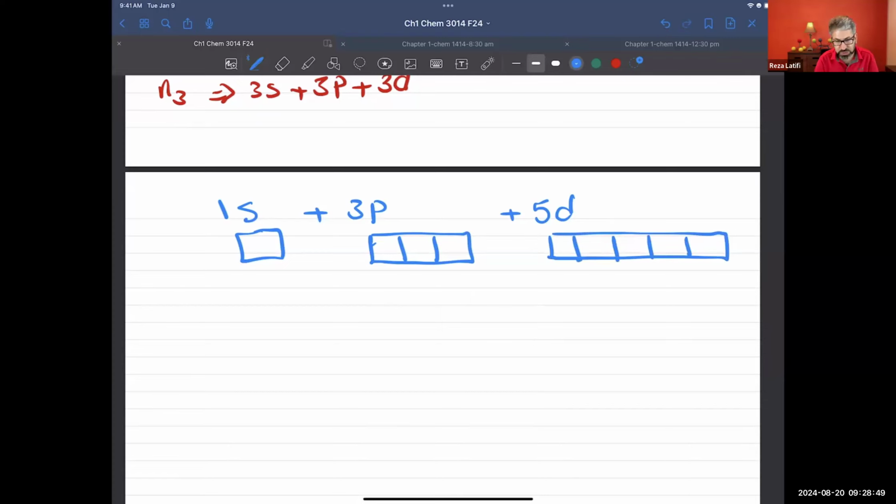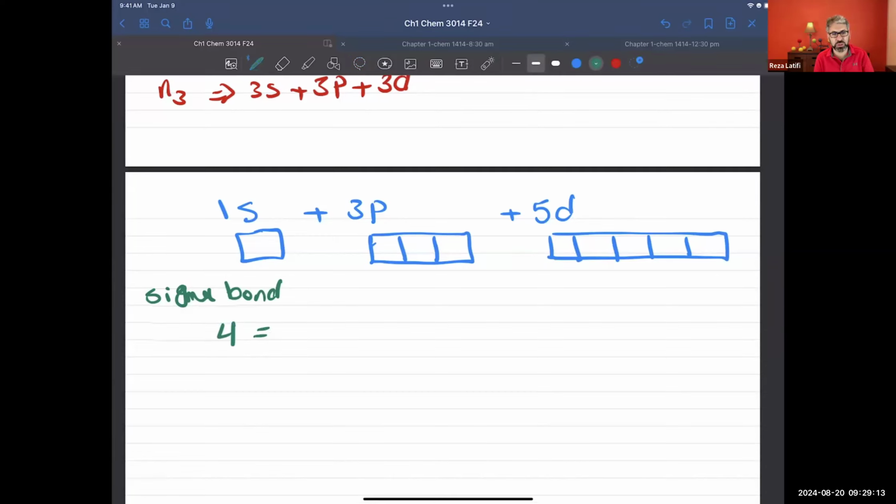That means it can accommodate 10 electrons. Question, how many electrons do you have, or how many pairs do you have? I have 4 sigma bonds. Okay, so you will say I have 4 sigma bonds, and you just simply put the 4 somewhere here, and you say equal to.